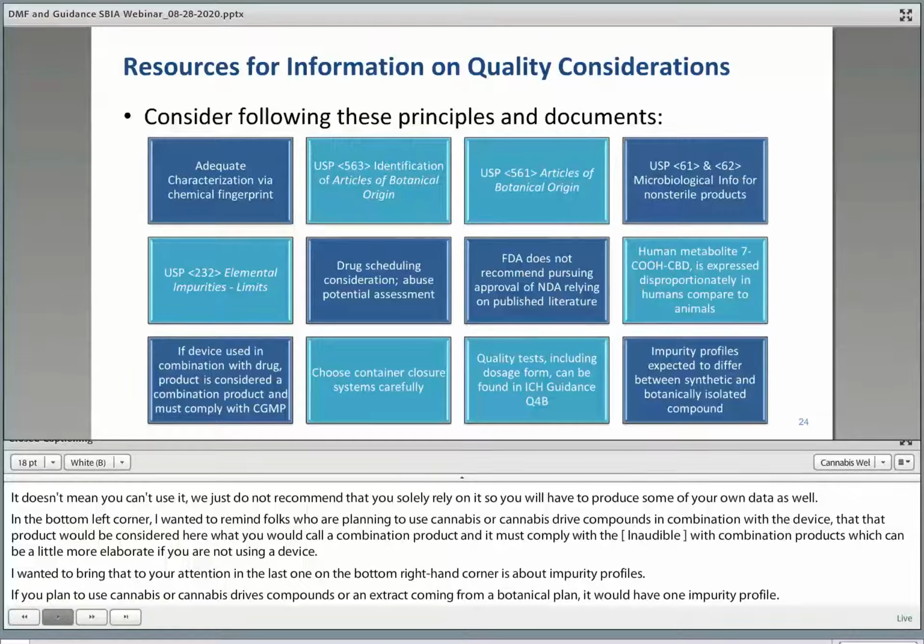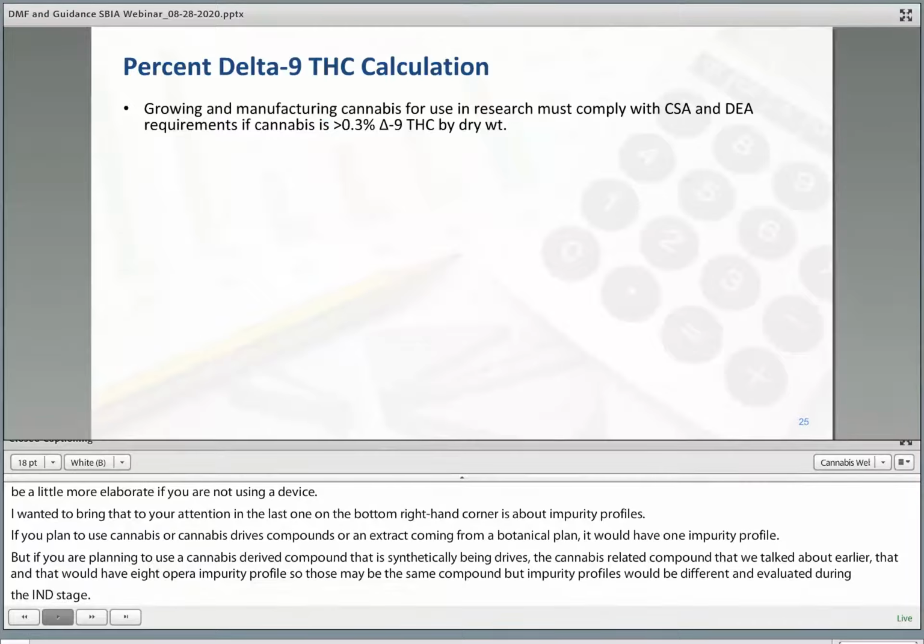So those may be the same compound, but their impurity profiles will be different. And those impurity profiles will be evaluated during the IND stage, specifically by our CMC colleagues, and they can provide insights. So the others are also equally important. I just wanted to point out these few to you today.